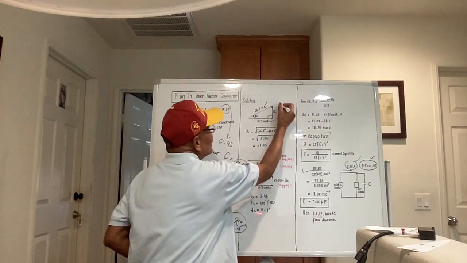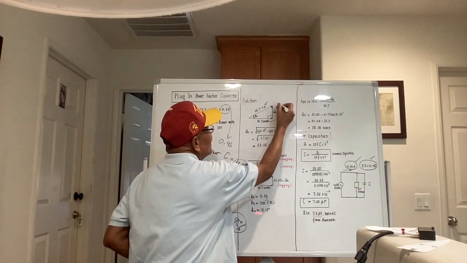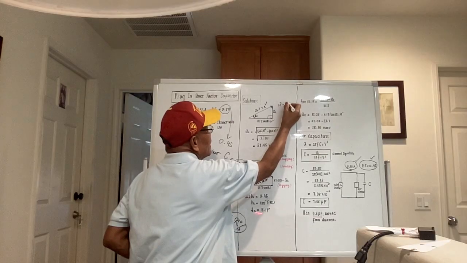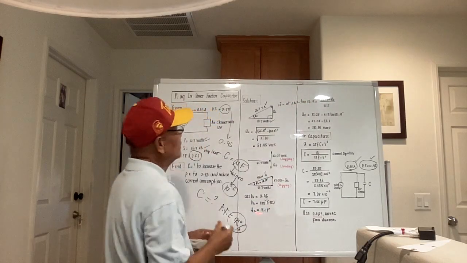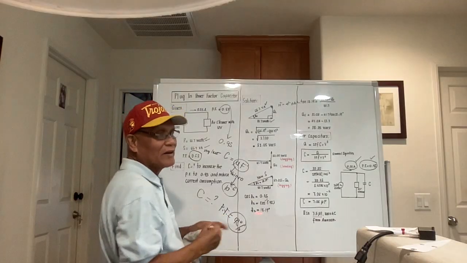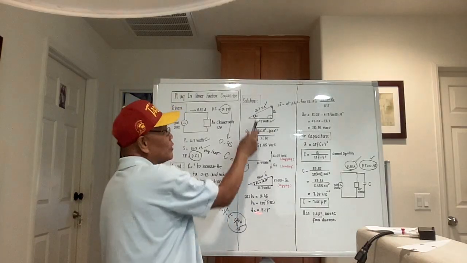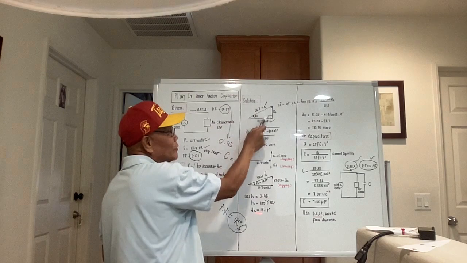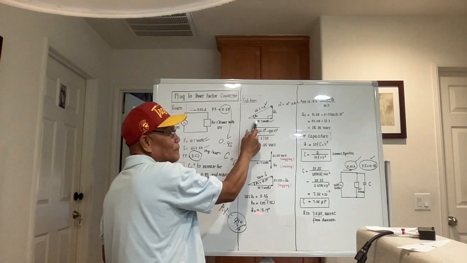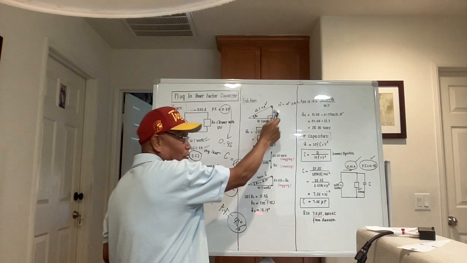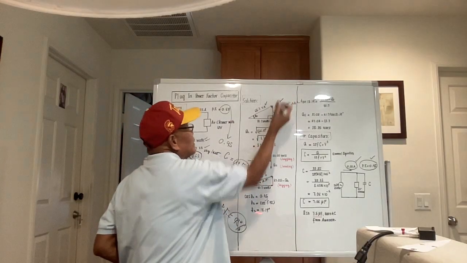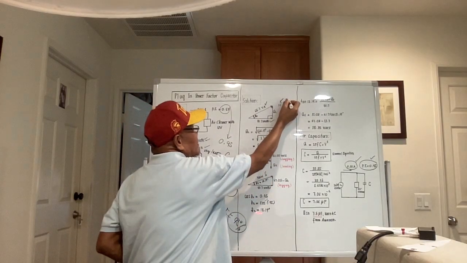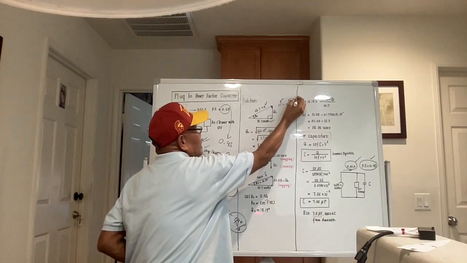Because hypotenuse square equals A square plus B square. For any triangle, in the study of triangles, the square of the hypotenuse should be equal to the square of the adjacent side plus the square of the opposite side. We know the hypotenuse. We know the adjacent side, so we could compute for this.